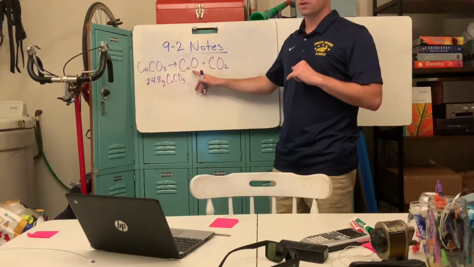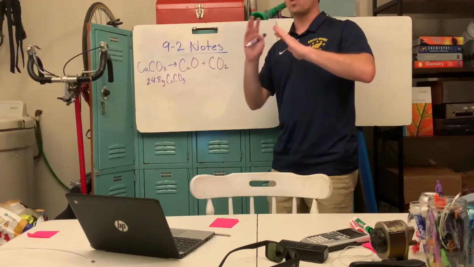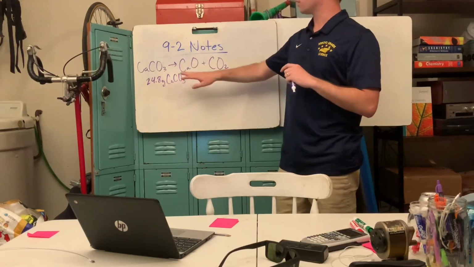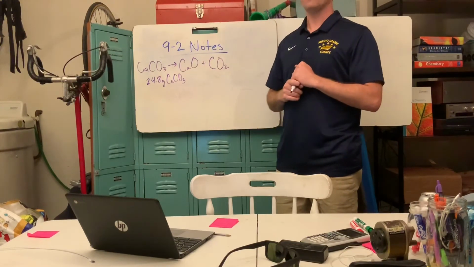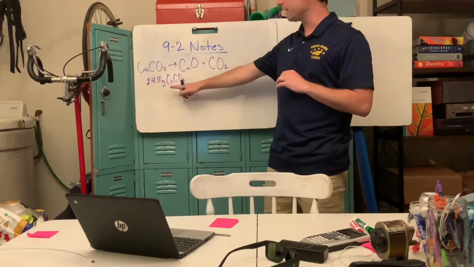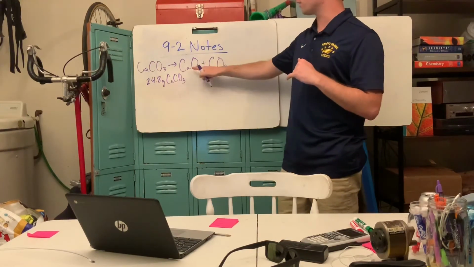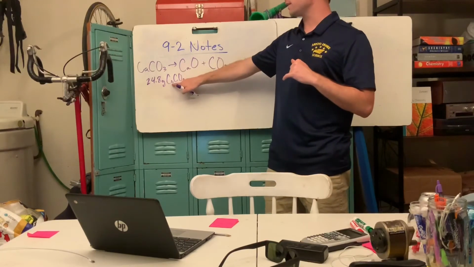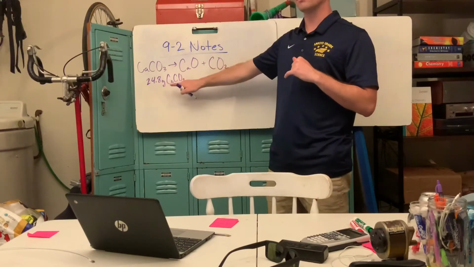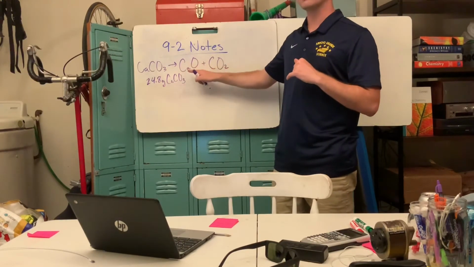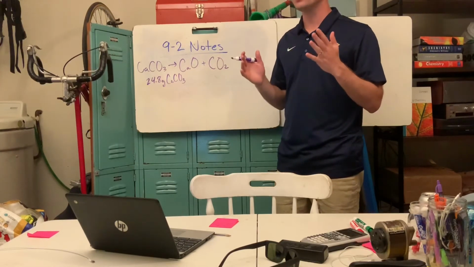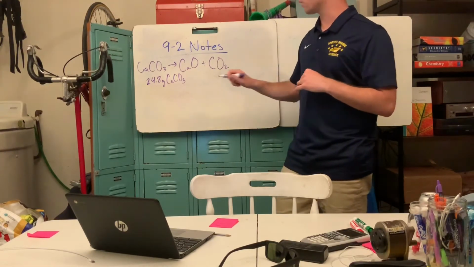Now the question says, what is the theoretical yield of calcium oxide if 24.8 grams of calcium carbonate are heated? If 24.8 grams of calcium carbonate are heated, how much calcium oxide will we produce? Well, we can solve that.